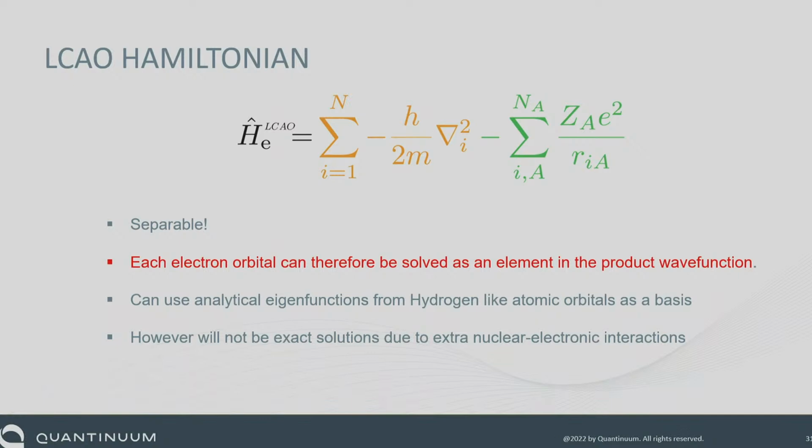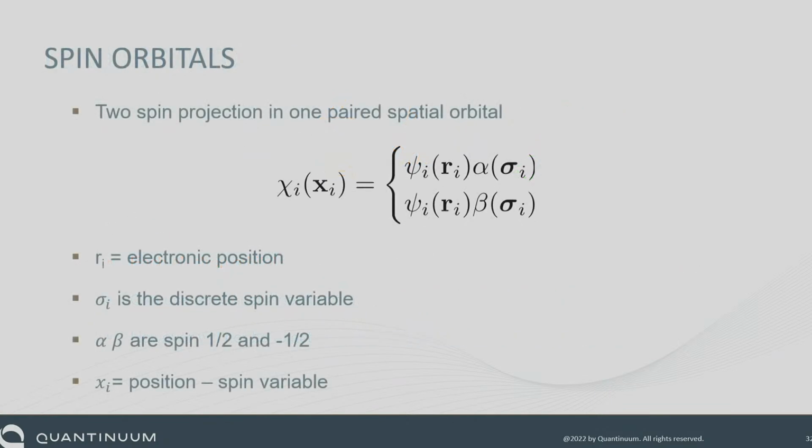The first idea to solve this molecular problem with the very simplified Hamiltonian we've picked is to use the solutions of the hydrogen-like atom. These orbital shapes we use as a basis for this Hamiltonian.